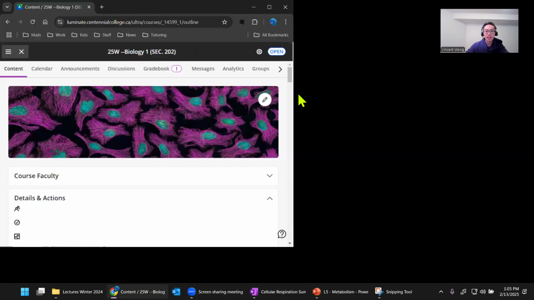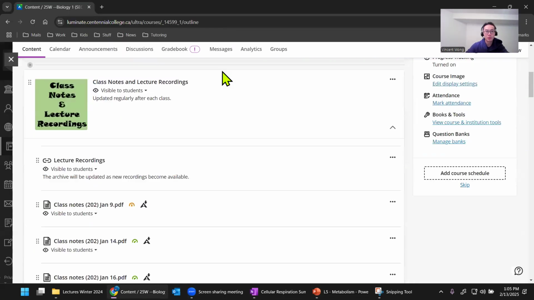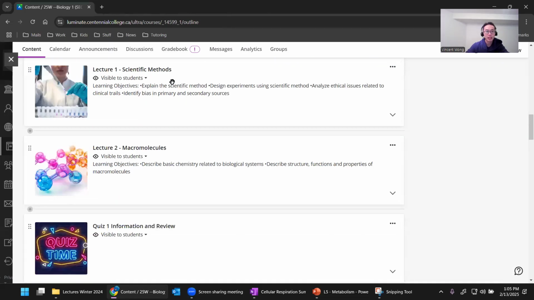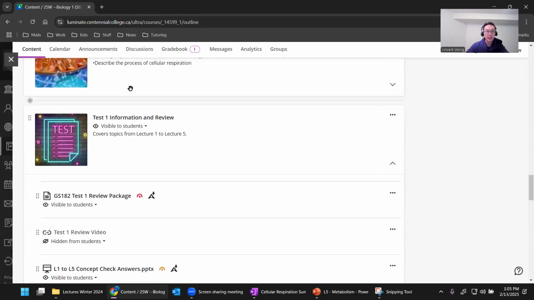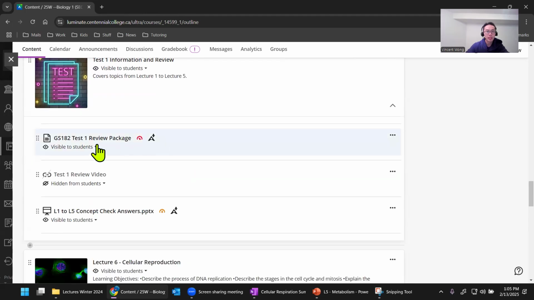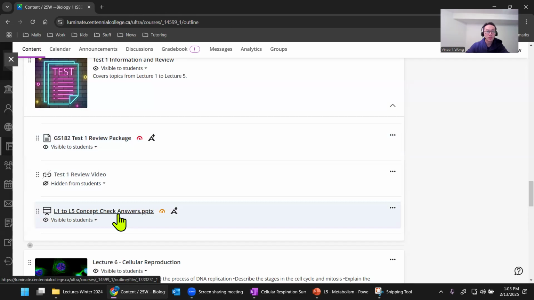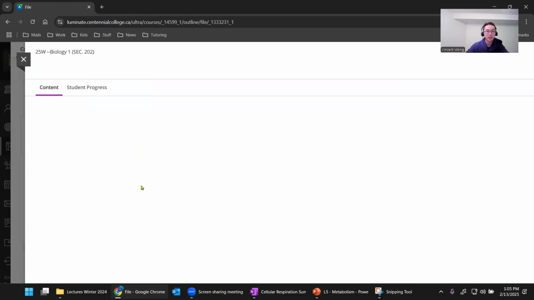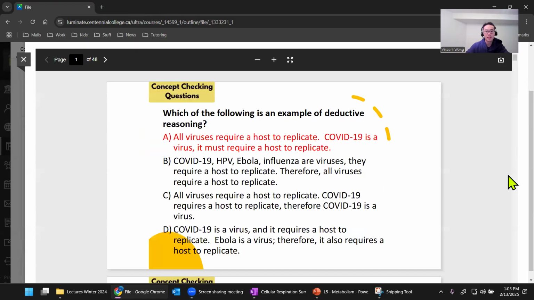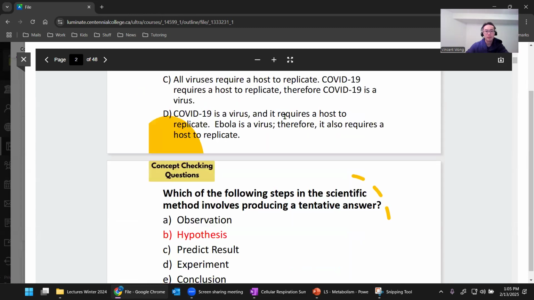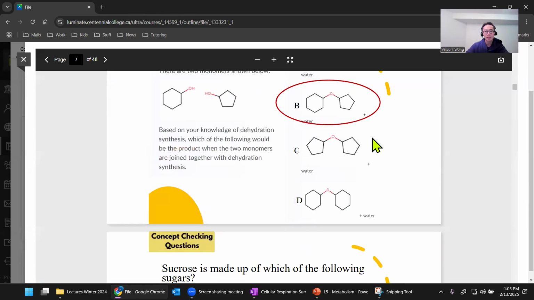Now, speaking of the tests, for those of you who were not here on Tuesday, if you go on to Illuminate and go to test information right here, you will see there is a test review package. You should also download this concept check answer file. It's the questions that we do in class, but this one has the answers in it.